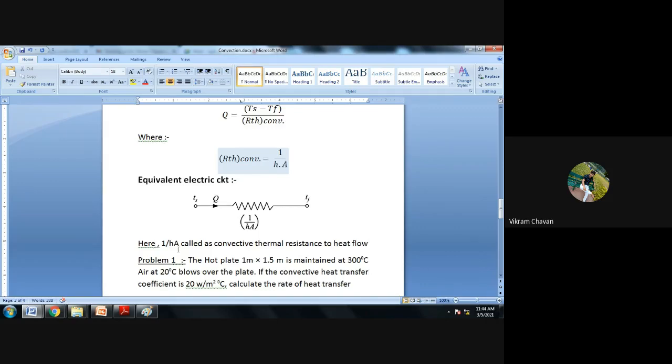Understood? Everyone, please comment in the chat box. If you have any doubt, you can also mention your question in the chat box.